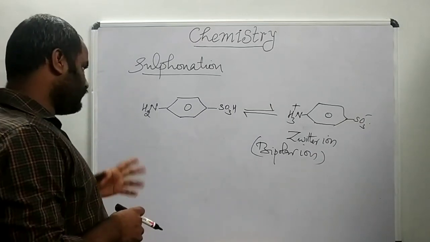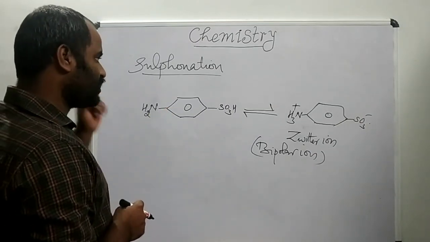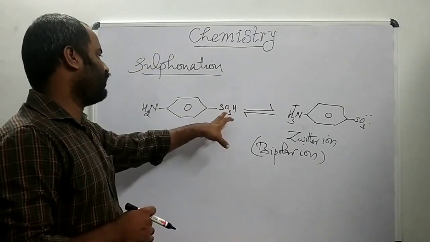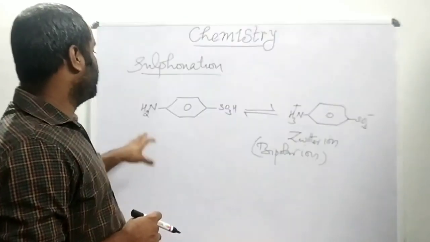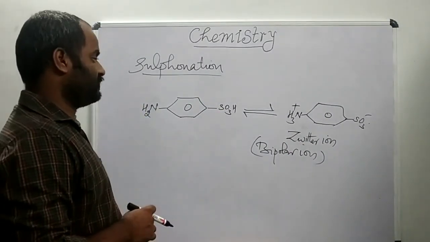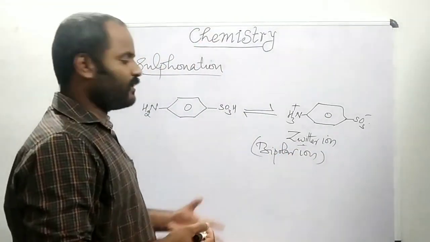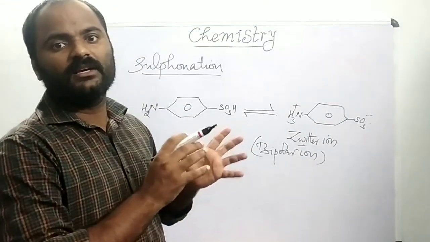Here we have both an acidic SO3H group and a basic NH2 group. So the H plus from the acidic SO3H is shifted to the basic NH2, and you get NH3 plus and SO3 minus. It is known as a zwitterion. Bipolar means two poles, both positive and negative charges in a compound.